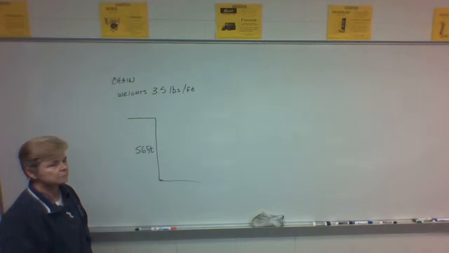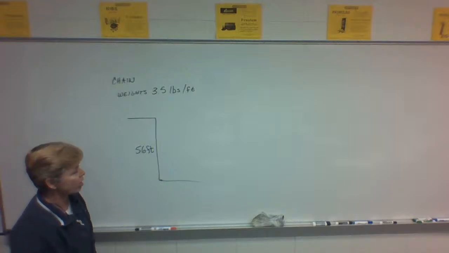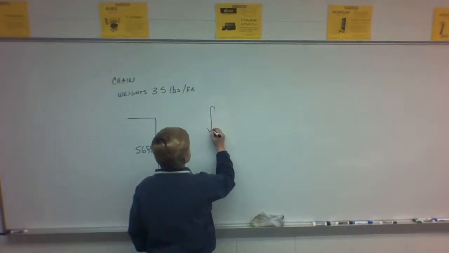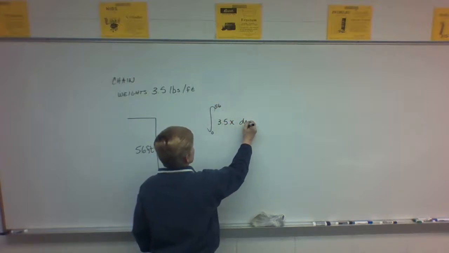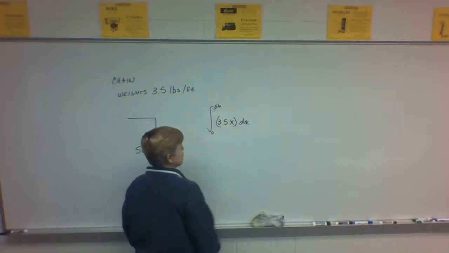So we need to integrate from 0 to 56 of 3.5x dx. And it's in foot-pounds because that's the unit we use for the weighted chain.